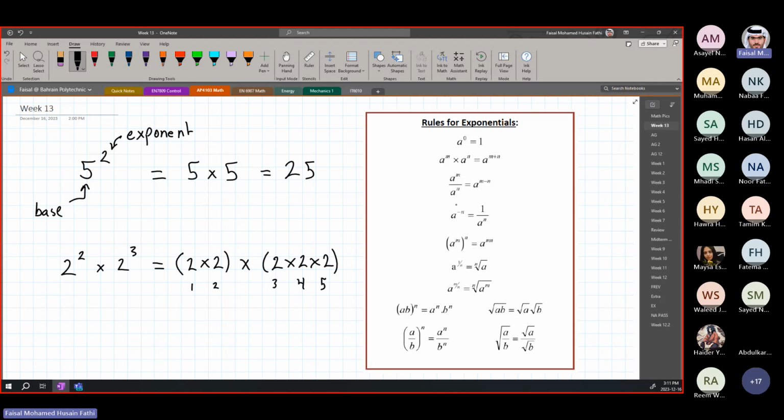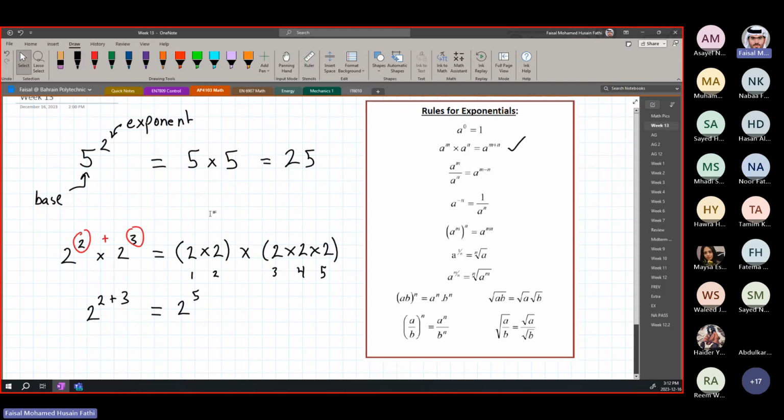So we can rewrite this as 2 to the power of 5. Another way of writing this is simply adding the two exponents: 2 to the power of 2 plus 3, which is 2 to the power of 5. And that's how we get this equation, which is a to the power m times a to the power n is equal to a to the power m plus n in any case.